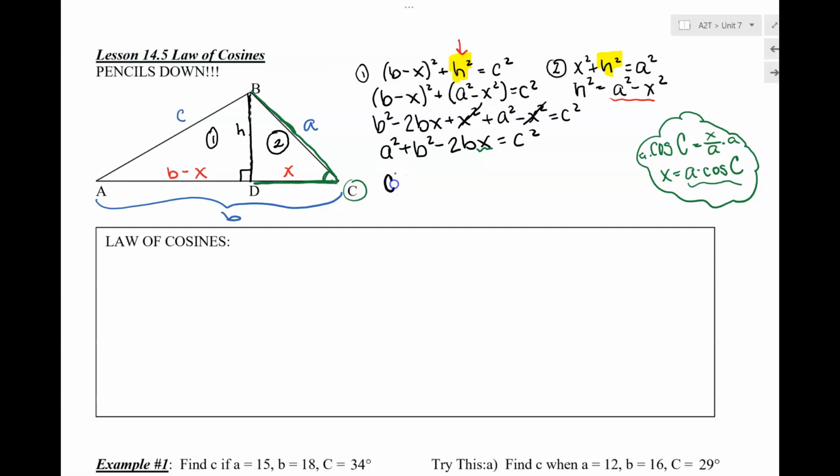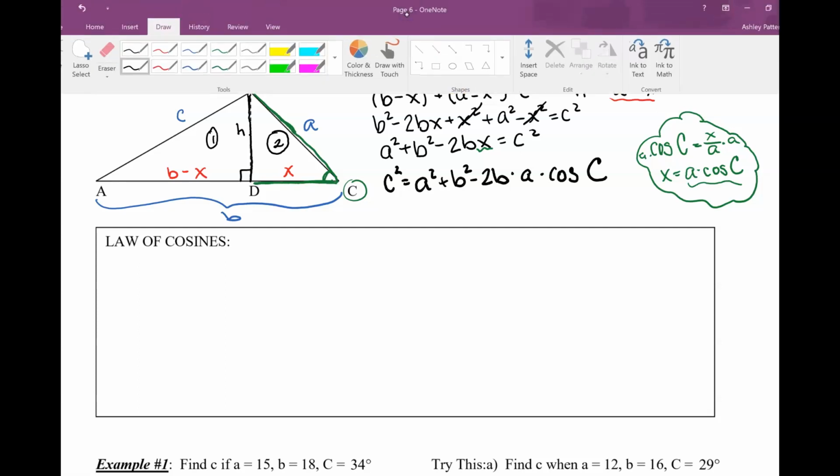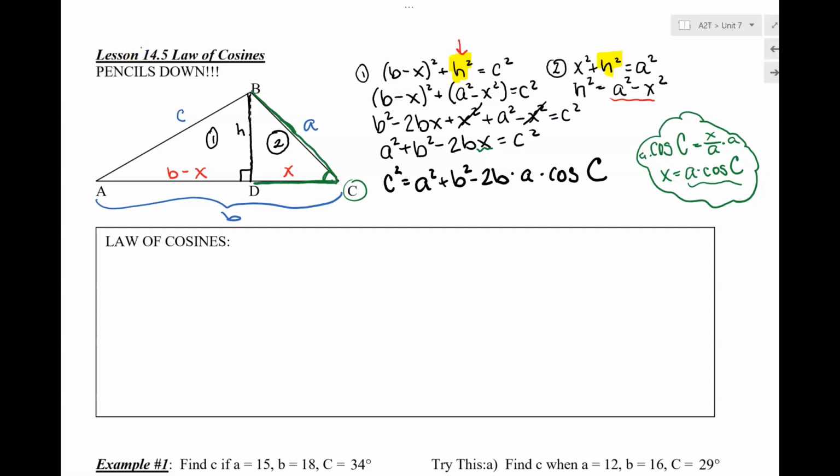So c squared would equal a squared plus b squared minus 2b times a times the cosine of angle C. And there we have eliminated any variable other than a, b, and c for us. Nice.